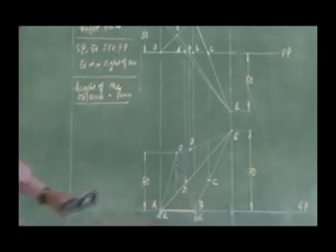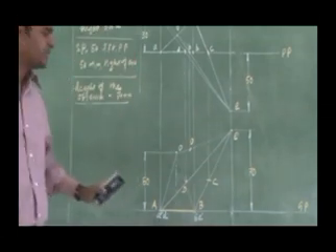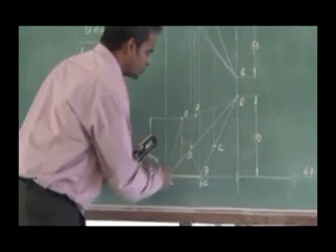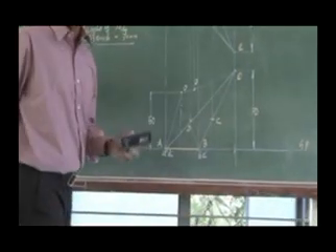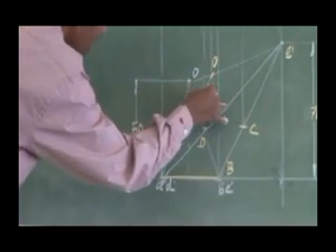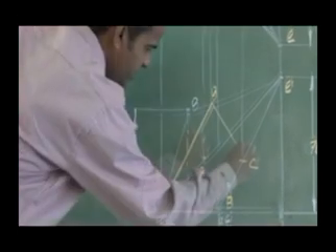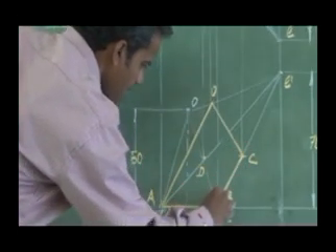Now you have to connect these corners. First of all, the visible edges you try to show. From apex to all the base corners, I have to show the slant edges. So from O to A, I can join and show a slant edge. B to C is a base edge.